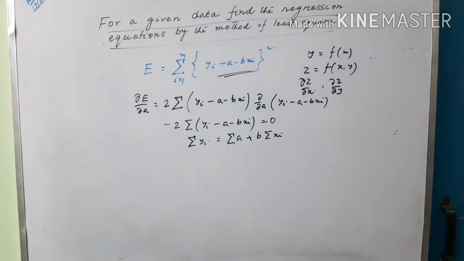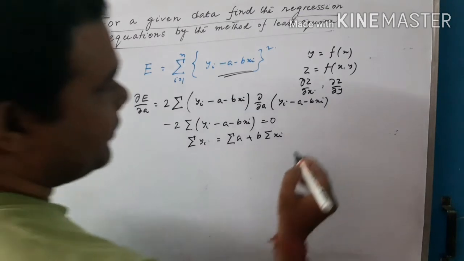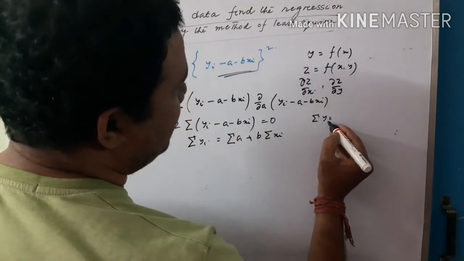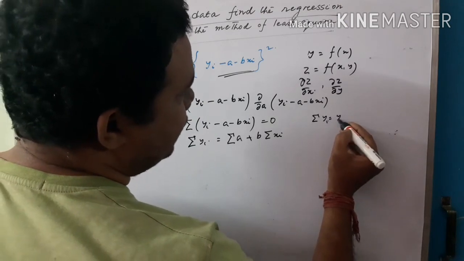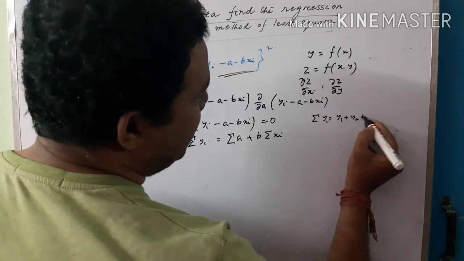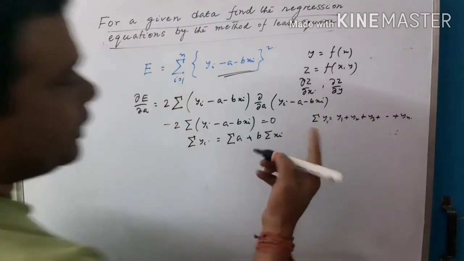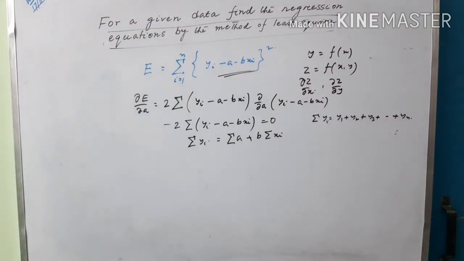Now let's see what is the meaning of sigma a. First, what is the meaning of sigma y or sigma yi? That is y1 plus y2 plus y3 plus dot dot dot up to yn. Since y is a variable, it has different values, and sigma yi means the sum of all these values.